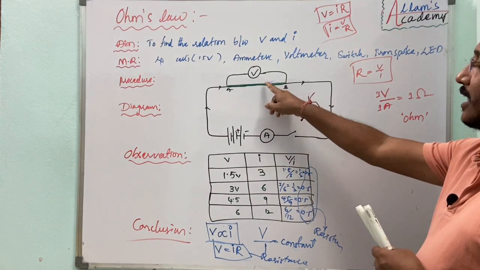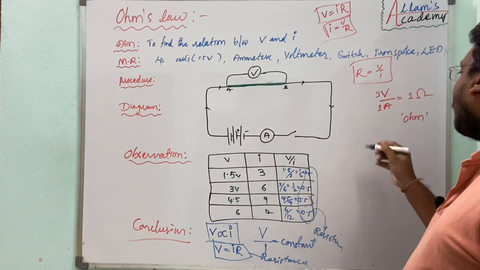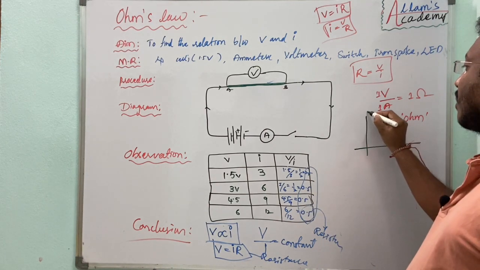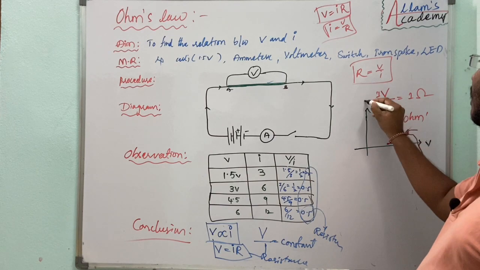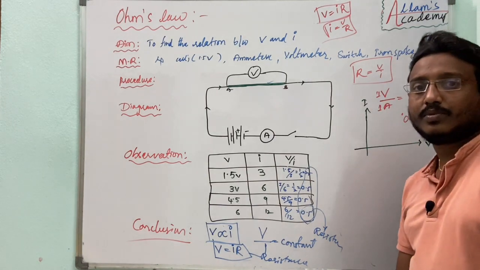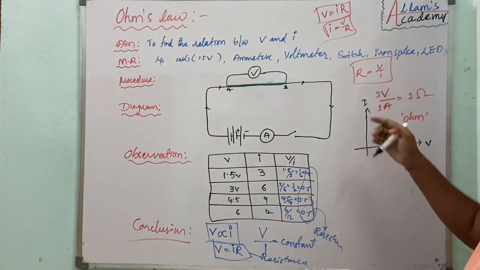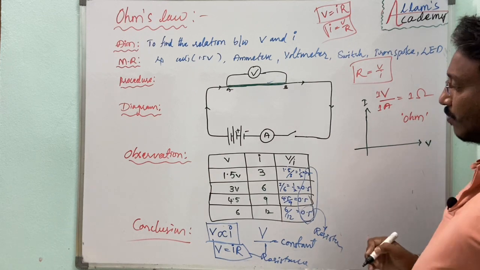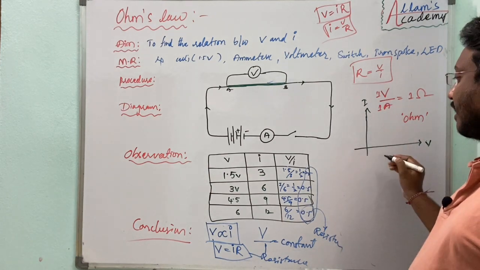Then, using this data, I have drawn a graph of V and I, potential difference and current. On the x-axis I have taken potential difference and on the y-axis I have taken the current.